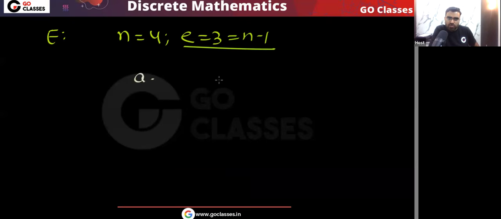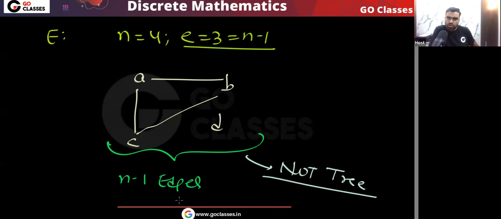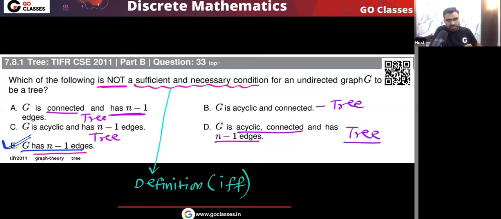But what can I do? This does not mean that it will be a tree. I can create this type of graph. In this graph, you have n minus 1 edges, but this is not a tree. Okay, yes or no? So you can see option E is not a necessary and sufficient condition for a tree.